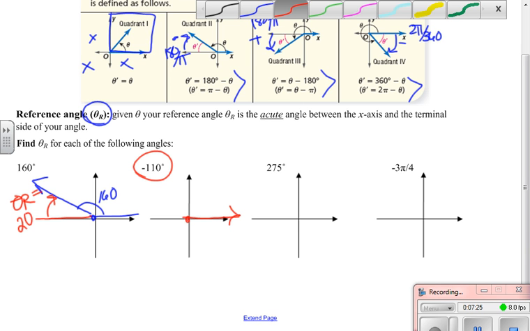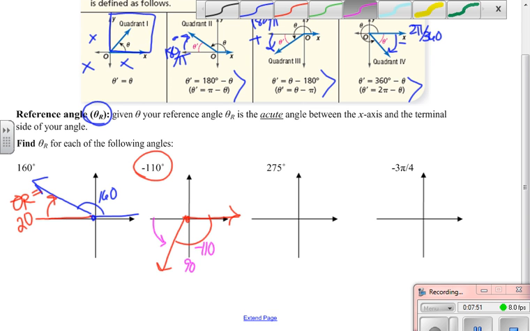Initial side, 90 plus a little bit more. So how much more? Well, my reference angle is here. How do I get from 180 to that spot? This was negative 110, so I went to 90 plus 20 more.